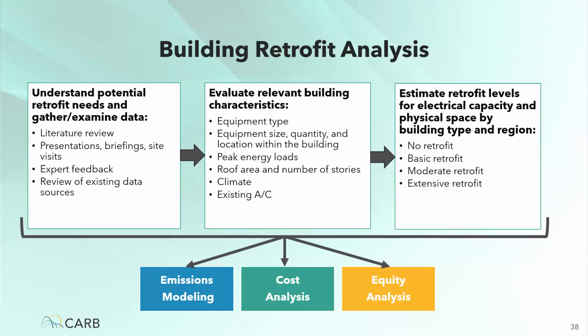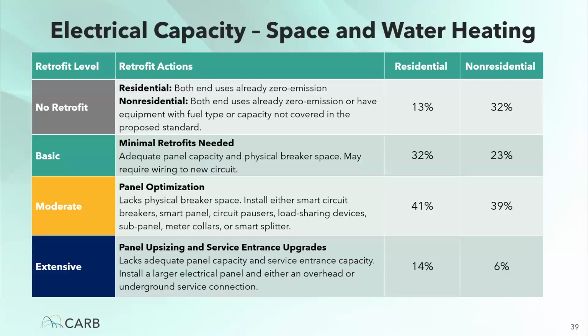So those are no retrofit, basic, moderate, and extensive. These results then fed into other staff analysis, such as our emissions modeling, statewide cost analysis, and our equity analysis. And now I'll present the high-level results from this analysis.